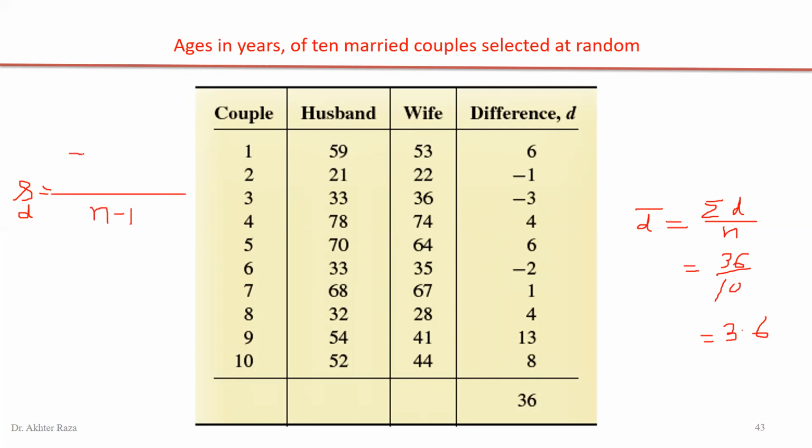This is the formula of sample standard deviation, but written here for the variable D, with the square root over all of it. So these two descriptive measures you can calculate yourself using this data set, and then assumptions are to be checked.